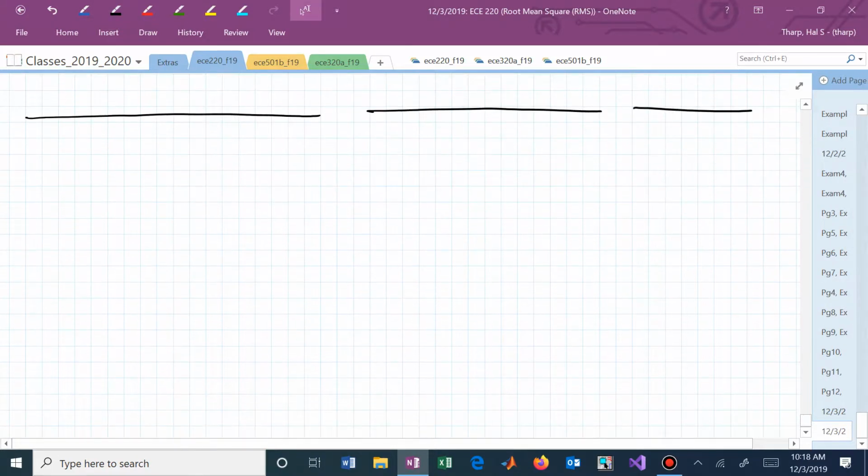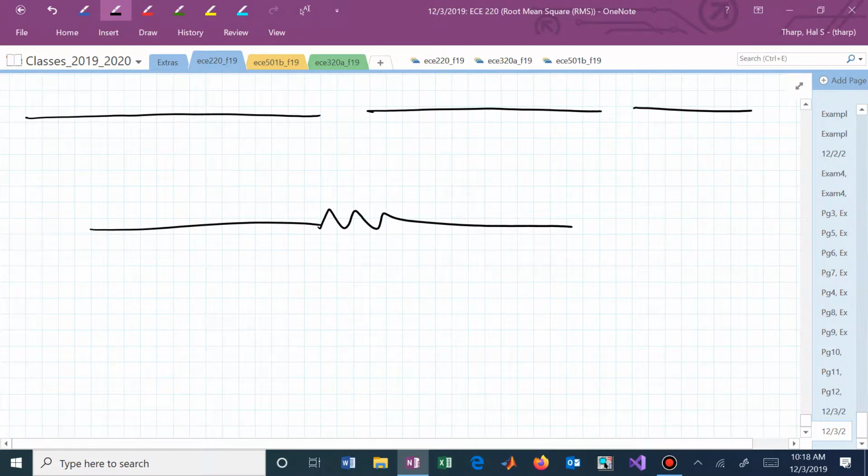Why do we care about RMS? It seems like it's just another thing to learn, but what you will learn in ECE 320 is the following. Let's say that we now have a resistor R, and we have a current through that resistor, and it's a cosine waveform.